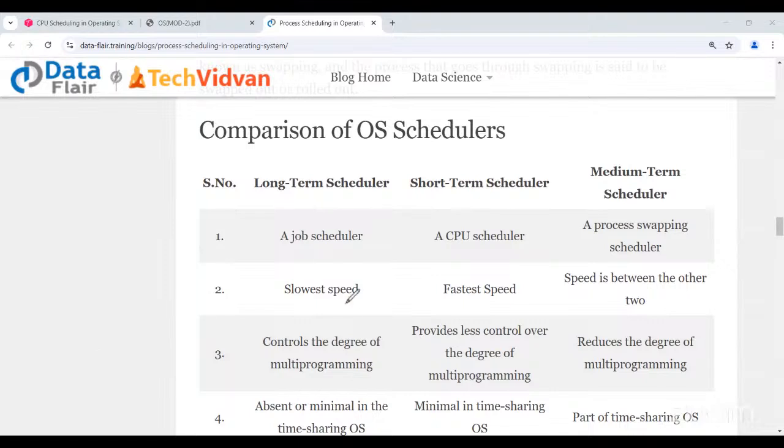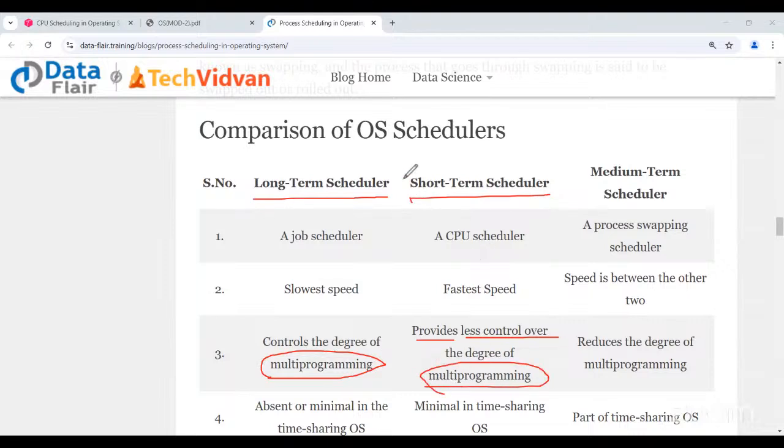Next one, you see, it controls the degree of multi-programming. What is multi-programming? We have discussed it. Long-term scheduler controls the multi-programming, whereas short-term scheduler provides less control over the degree of multi-programming.